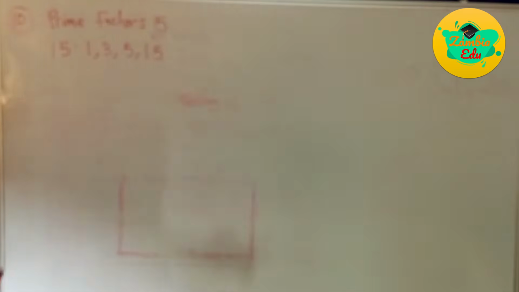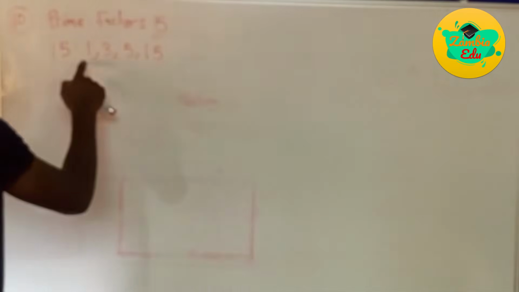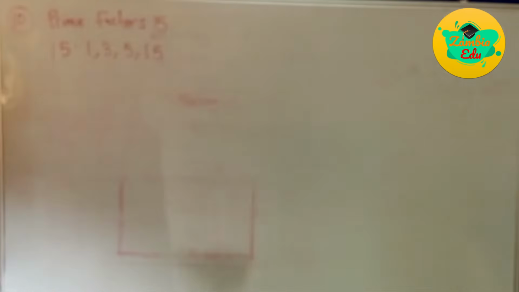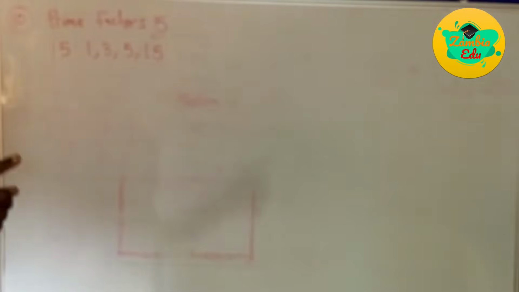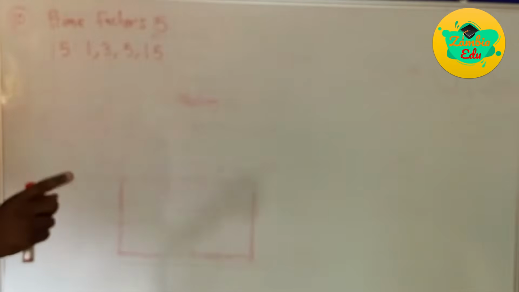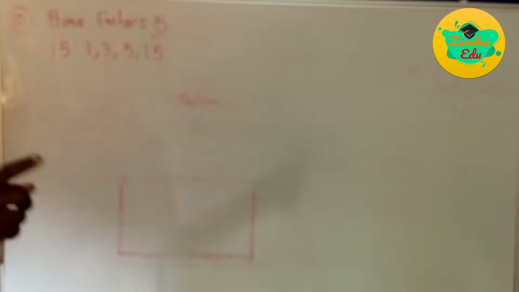Now, the question requires us to find the prime factors. So among the factors that we've been able to find, we should pick the numbers that are factors of 15 and at the same time are prime numbers.